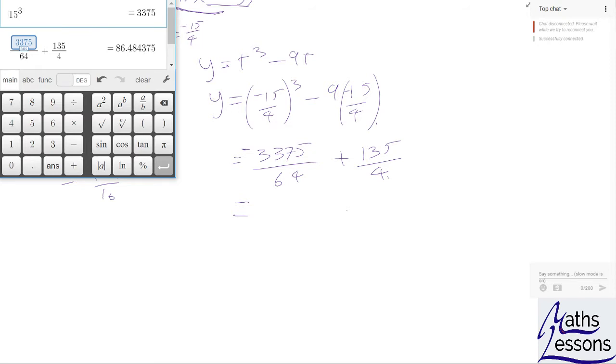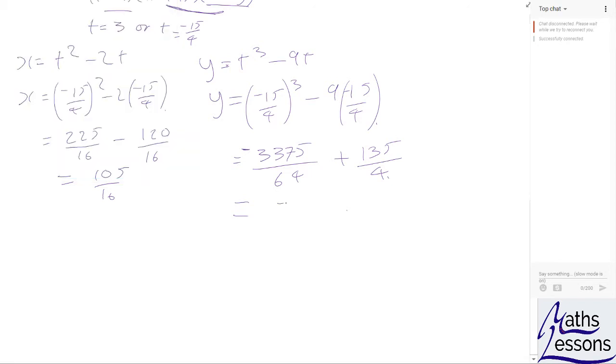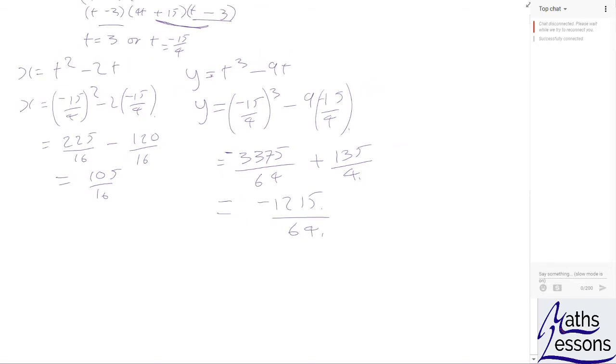If I put a minus sign there, everything else changes. And I get minus 1215 over 64. Okay, so my coordinates are 105 over 16, comma, minus 1215 over 64. Not very nice numbers.